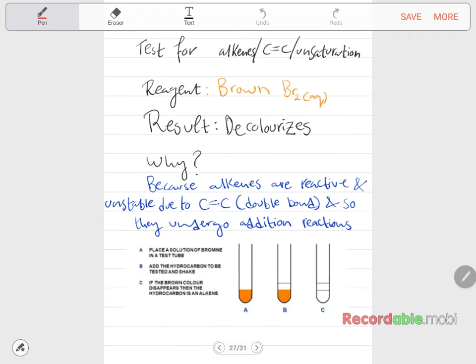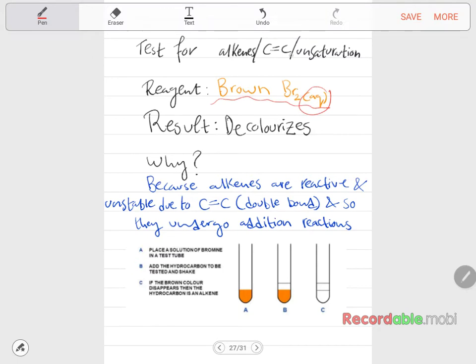We just talked about how to distinguish between saturated and unsaturated hydrocarbons via the molecular structure. Let's talk about how you know if the hydrocarbon is saturated or unsaturated by the aqueous bromine test. As the name suggests, the reagent that you use is brown aqueous bromine.